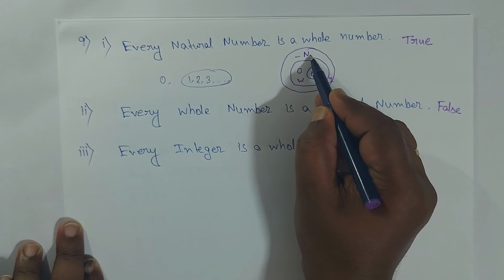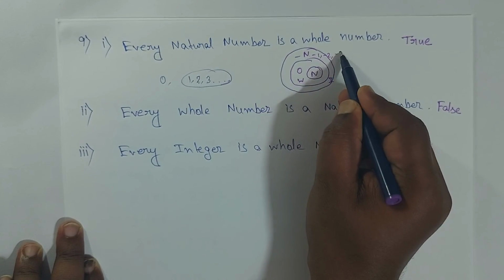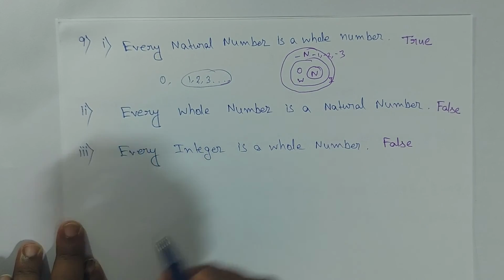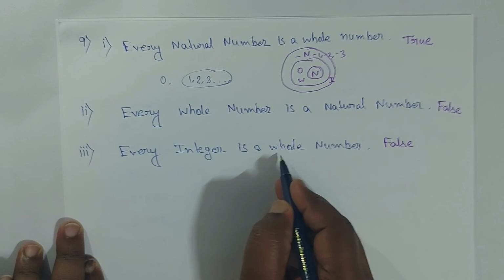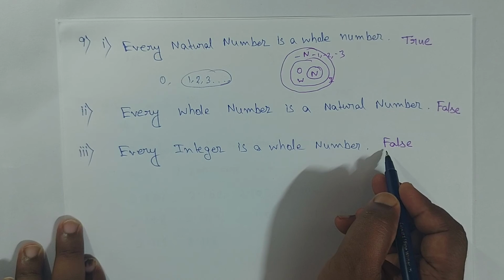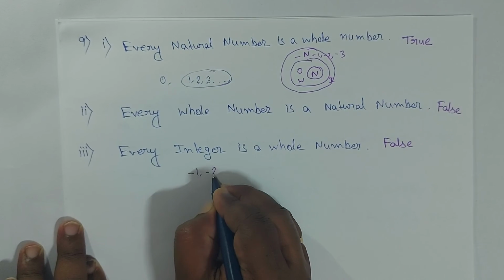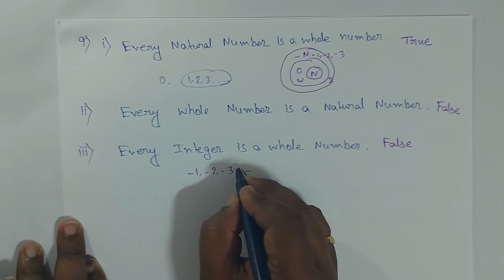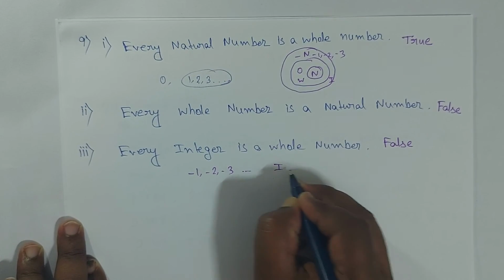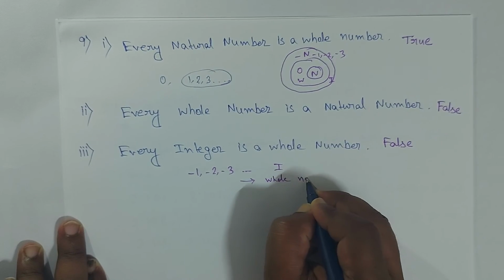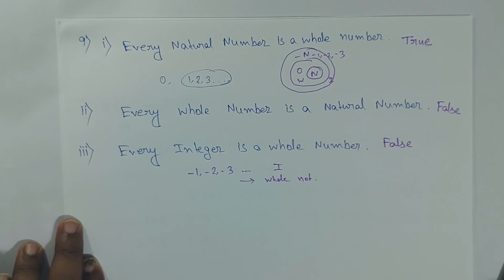So -1, -2, -3 are not whole numbers. So this statement is false. Like -1, -2, -3 are integers, but they are not whole numbers.